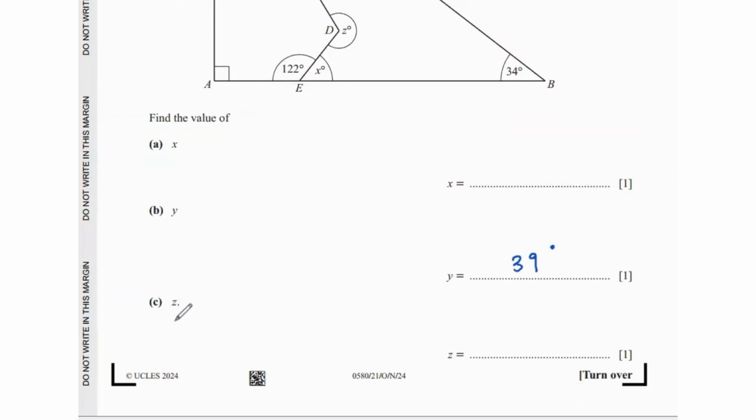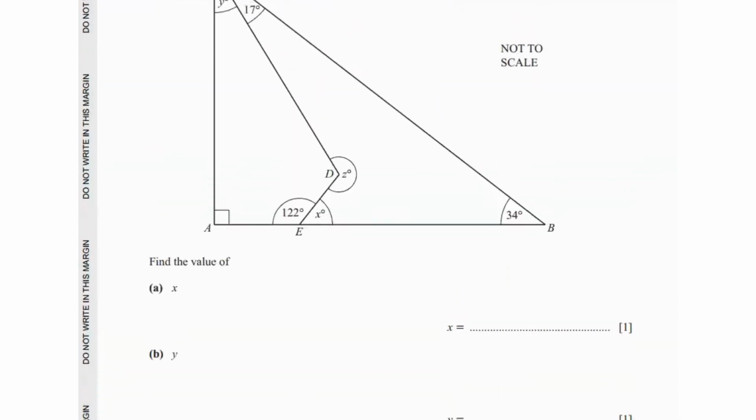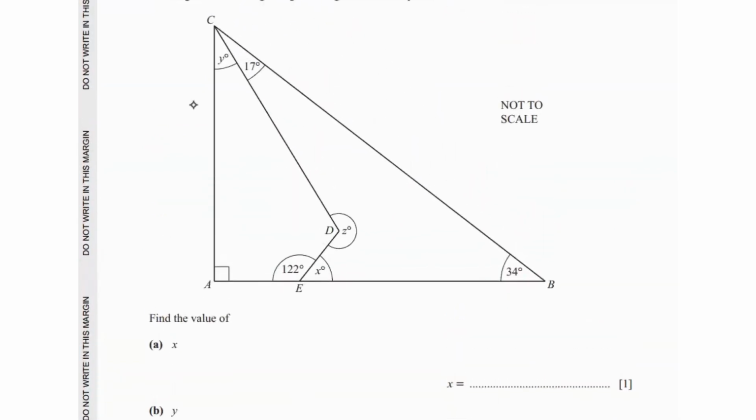Part C says find the value of z. So for the value of z, we know that this is 39. We know this is 58. So z is going to be 360 minus 17 minus 58 minus 34. Why?